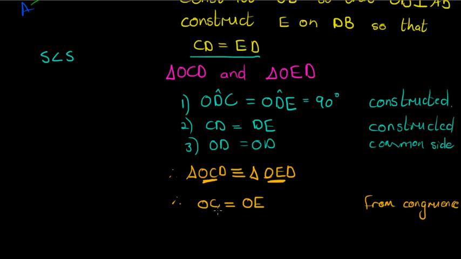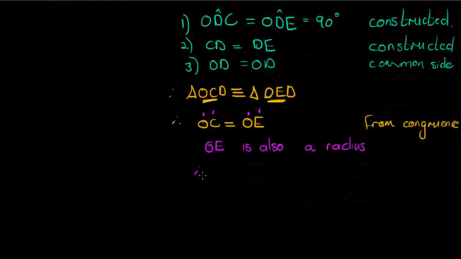Okay, but OC is a radius from the center. That means OE must also be a radius from the center. Make sense? So OE is also a radius. If OC is a radius, it's because O is the center and C is on the circumference. And if this one is also a radius, it must mean that O is at the center and E must be on the circumference.